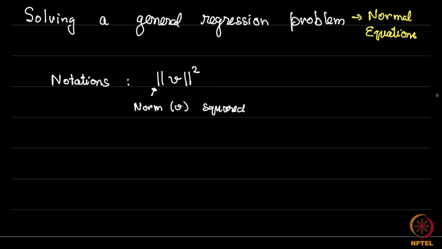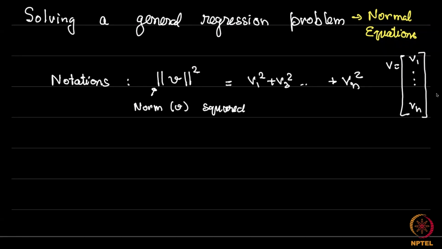This part is called the norm, with the double absolute sign. That part is called norm of v. This is nothing but all the components of v squared and summed. So if v is a vector which goes from v1 to vn, norm of v square is v1 square plus v2 square up till vn square.